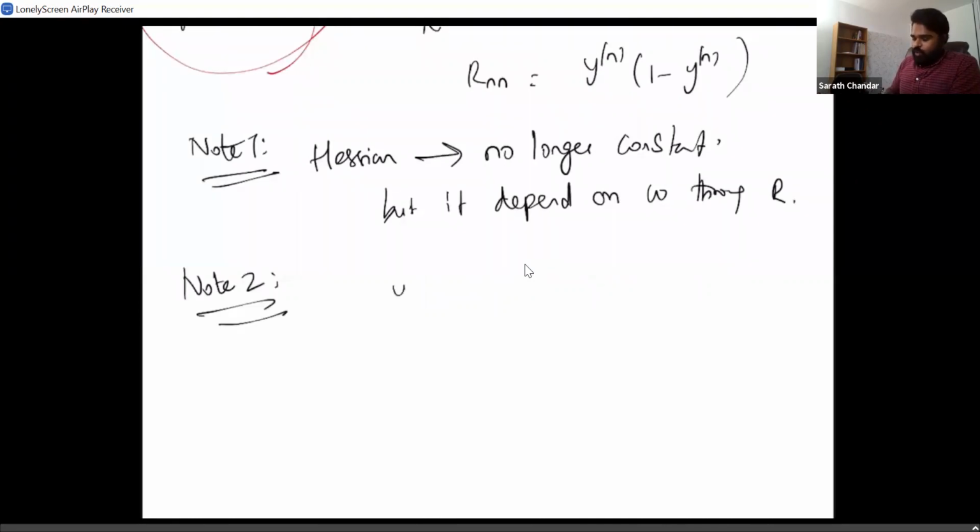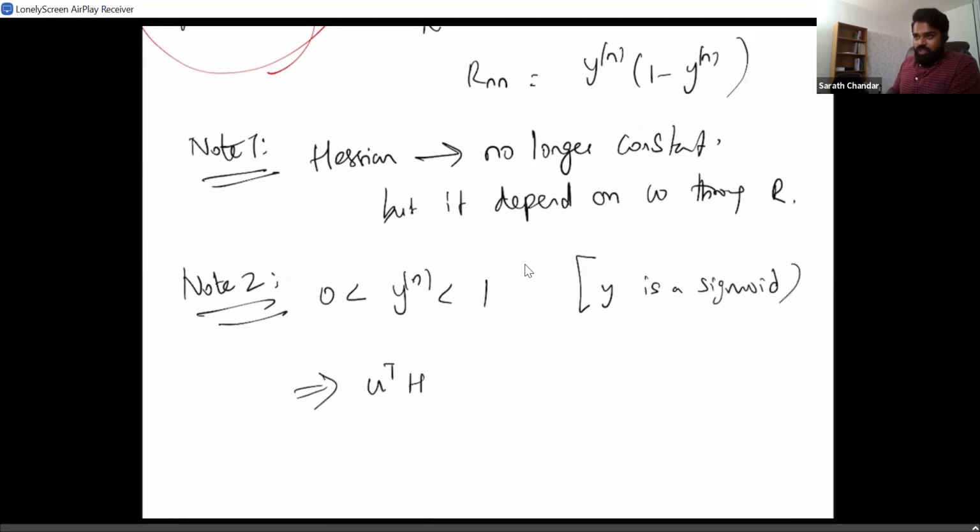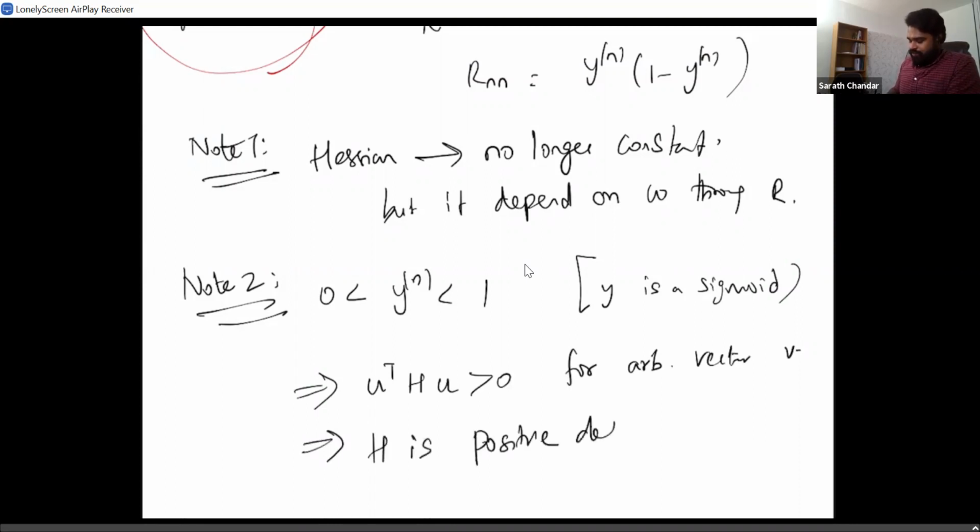Now there is also another note. We know that y of n, since it is a sigmoid, is going to lie in the range of 0 to 1, right? This actually means that u transpose Hu is greater than 0 for any arbitrary vector u, or in other words, the Hessian is positive definite.